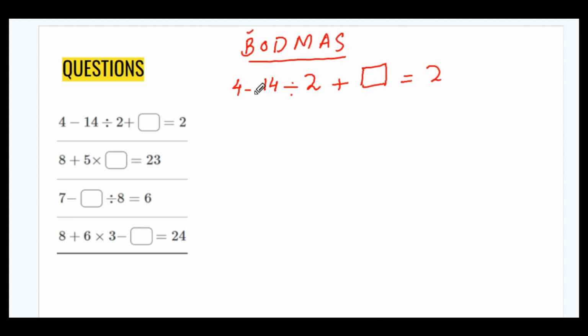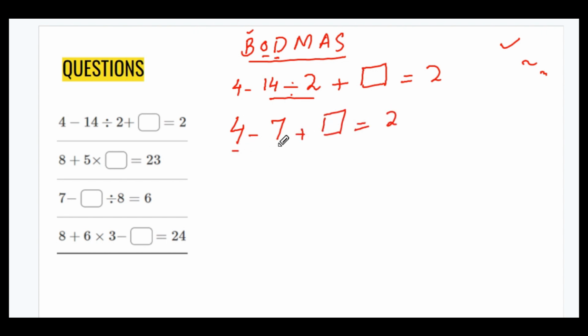Now, do I have brackets? No, leave it. Do I have any order, square, cubes, etc.? No. Do I have division? Yes. So let's solve this one. 14 divided by 2 gives you 7. Okay, plus what number equals 2.